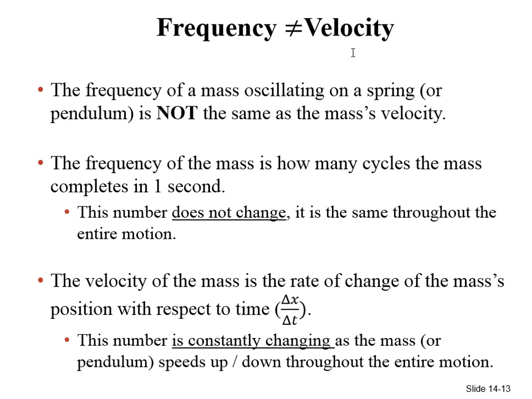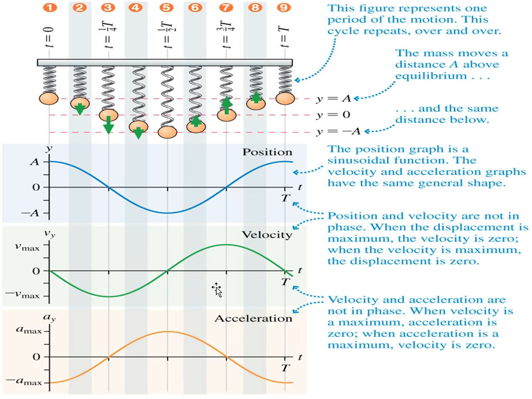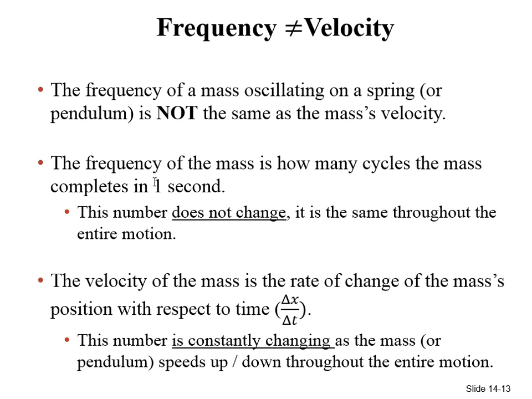In fact, if you do have high frequency, probably something's going back and forth really, really quickly. But the thing is, the velocity will change. If we look down here at the very last thing, velocity is constantly changing. That's what this graph back here represents. There's sometimes when the velocity is 0, even if it's just momentarily. The frequency, however, will not change.